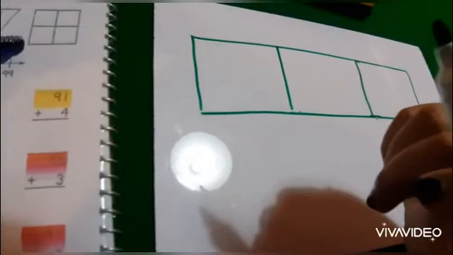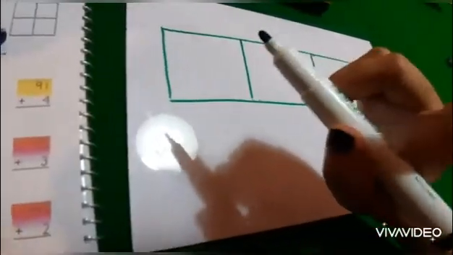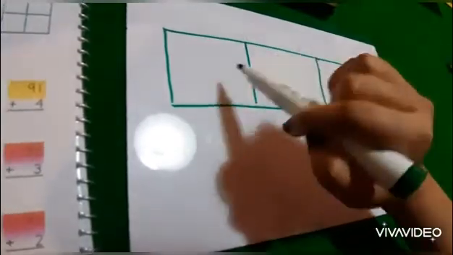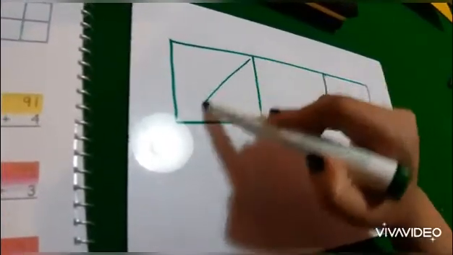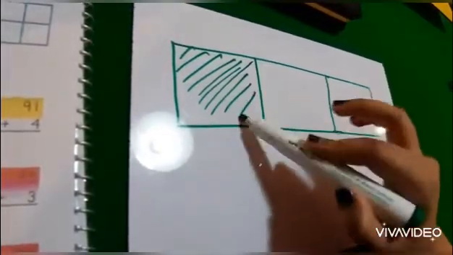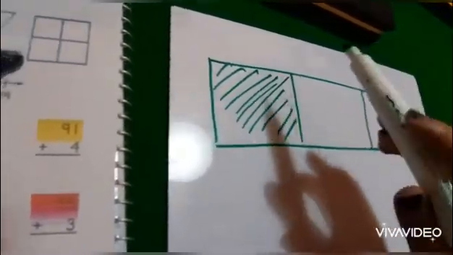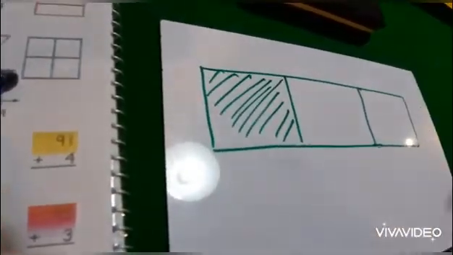Now it says color 1/3. I have to only color one portion out of these 3 blocks. Alright, so I'm gonna color this one. See, I've colored that one. So I have colored 1/3 of this shape.